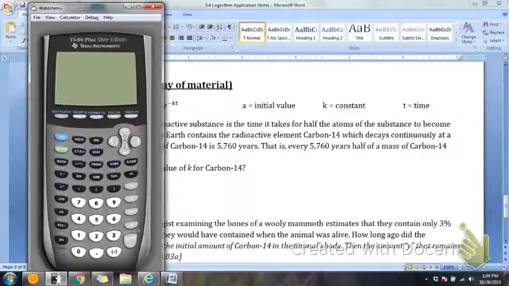Over there by the 4. So I have LN of 0.5 divided by negative 5,760. And we're getting 1.2033. Is that what you guys are getting?